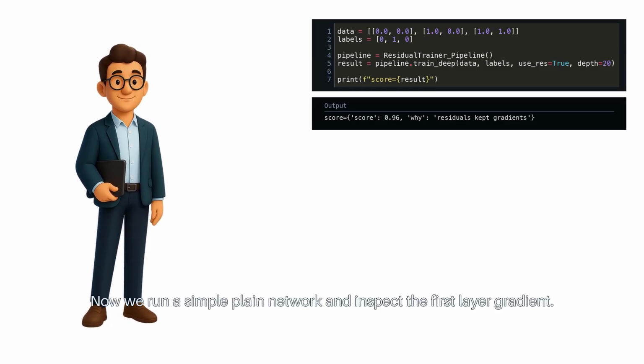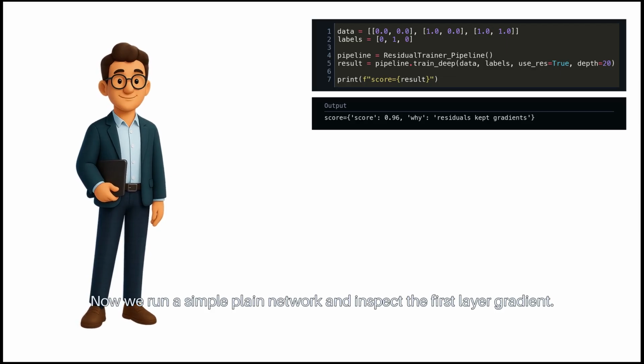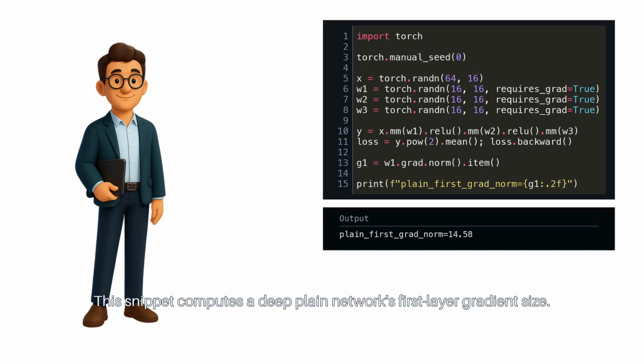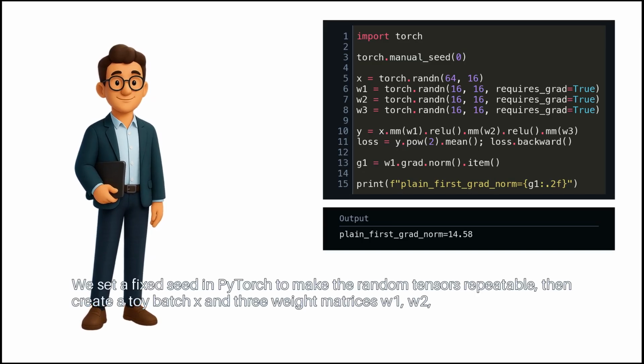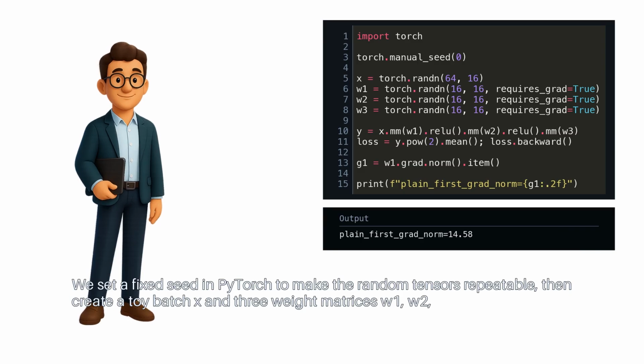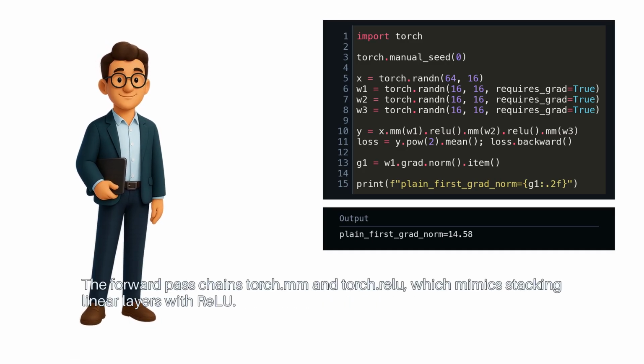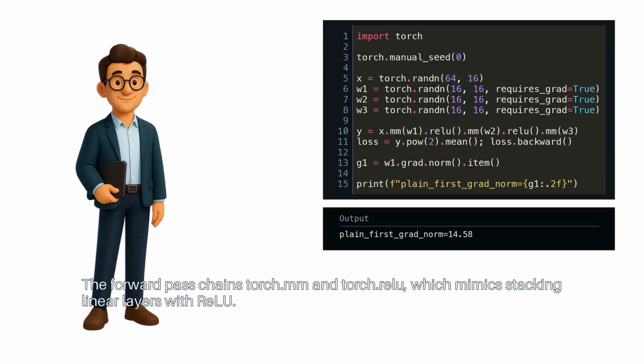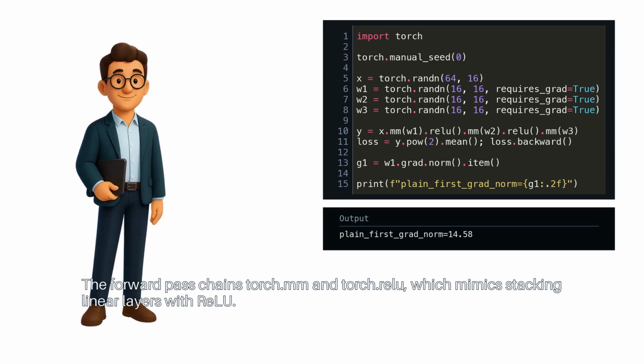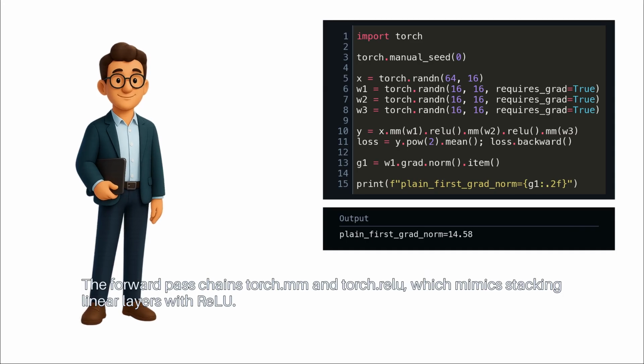Now we run a simple plain network and inspect the first layer gradient. This snippet computes a deep plain network's first layer gradient size. We set a fixed seed in PyTorch to make the random tensors repeatable. Then create a toy batch X and 3 weight matrices W1, W2, and W3 that require gradients. The forward pass chains torch.mm and torch.relu, which mimics stacking linear layers with relu.